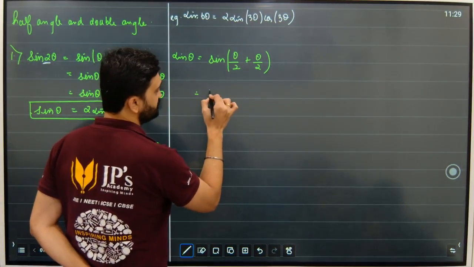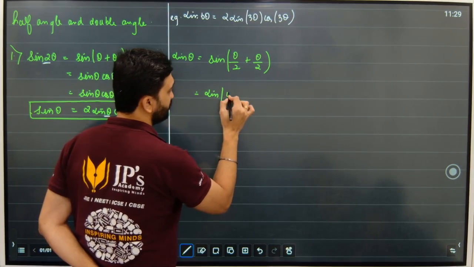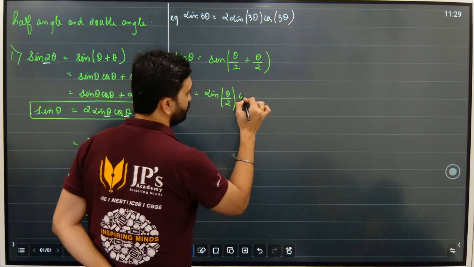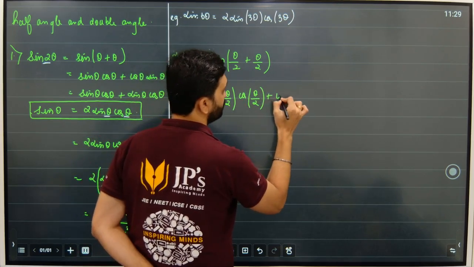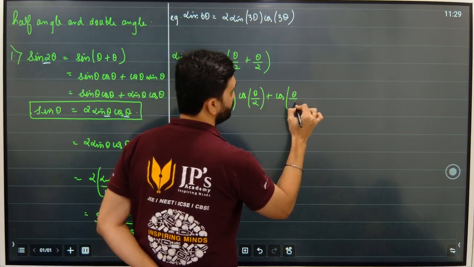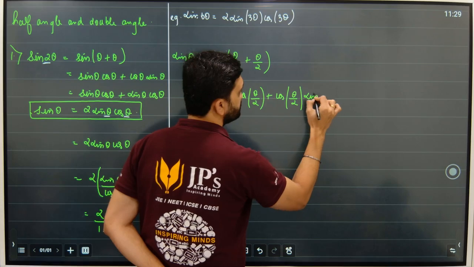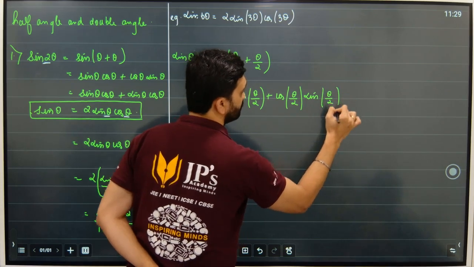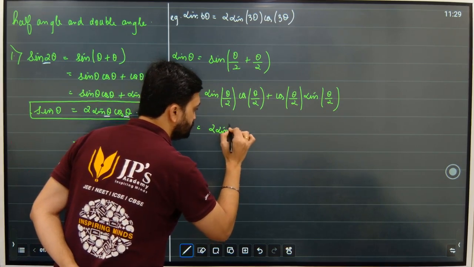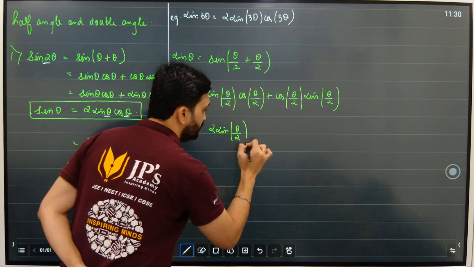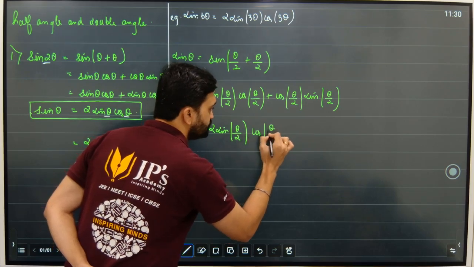And if I write it properly, it will become sin A cos B plus cos A sin B, which is 2 sin theta by 2 cos theta by 2.